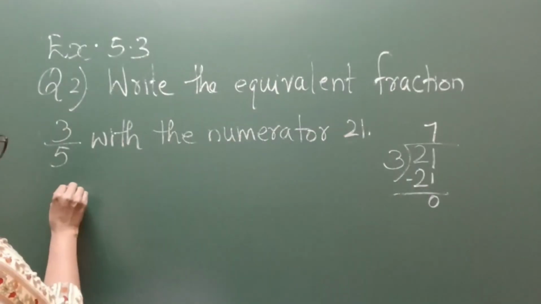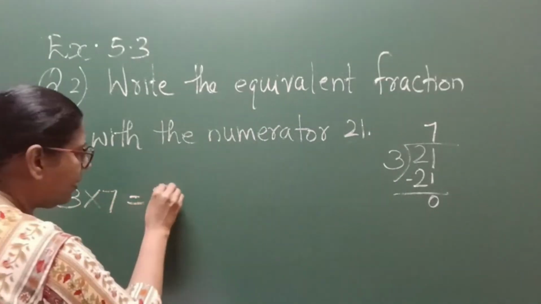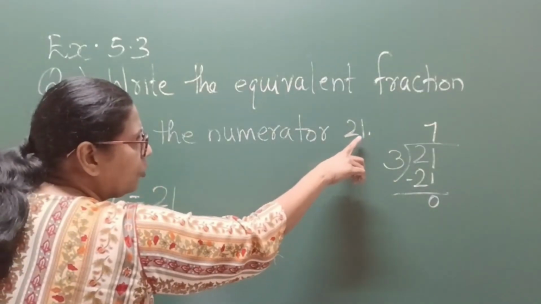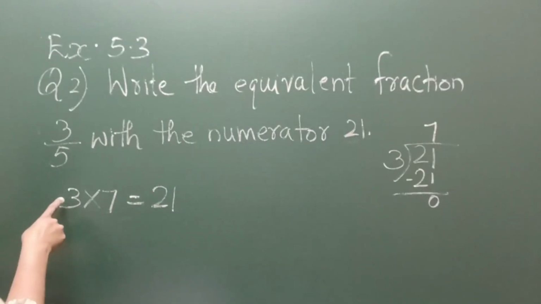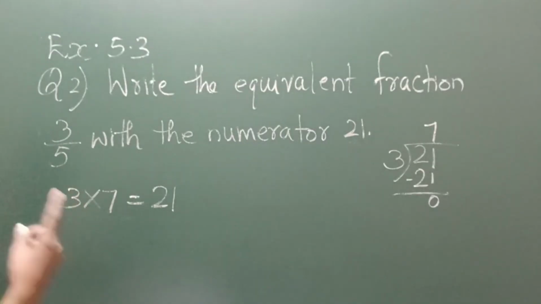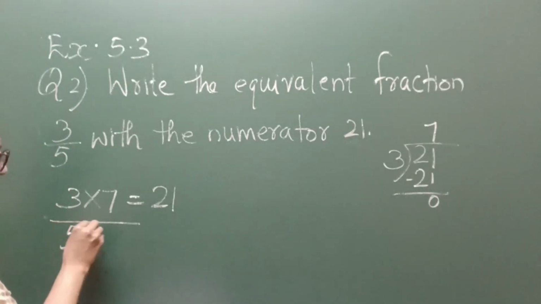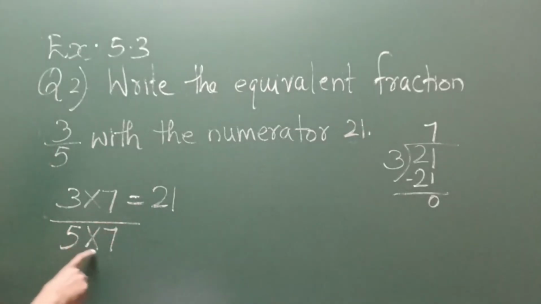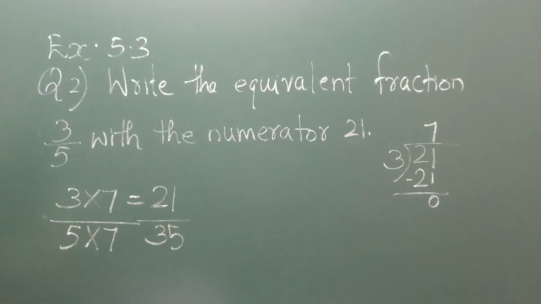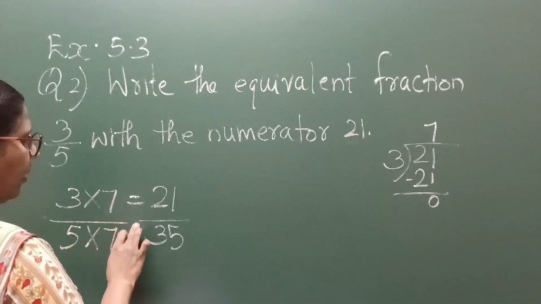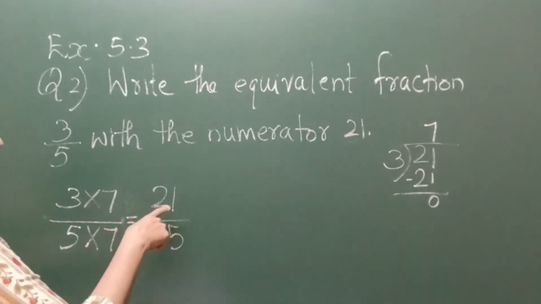Now, 3 into 7 is equal to 21. When we multiply this numerator by any factor, with the same factor we have to multiply the denominator also. So here 5 into 7, 5 sevens are 35. So we got an equivalent fraction. The numerator is 21.